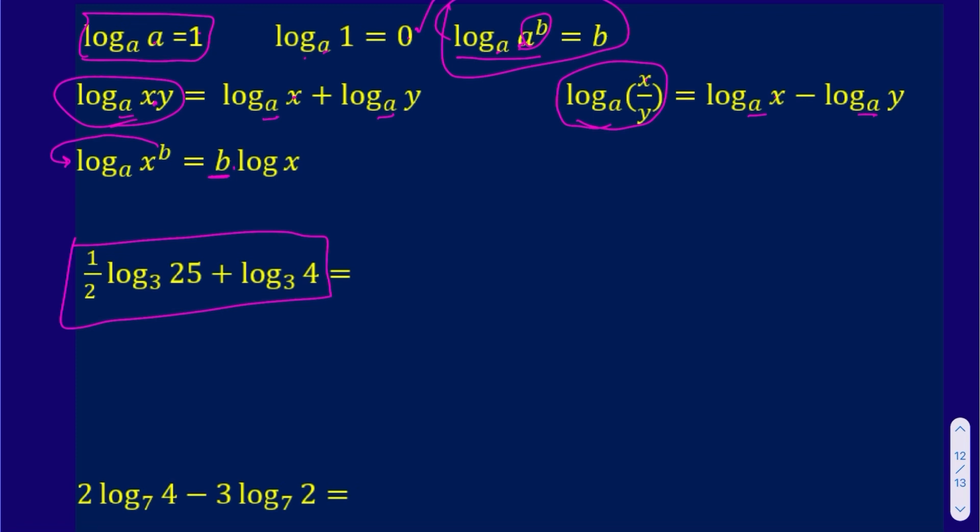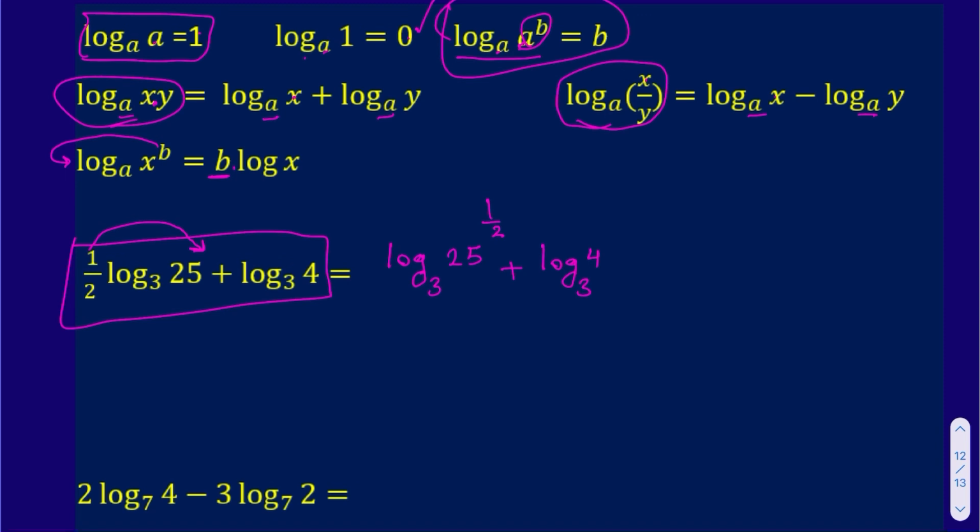Therefore, I can put this number as a power on this 25. So I can write it like log 25 to the power 1 over 2 to base 3 plus log 4 to base 3.